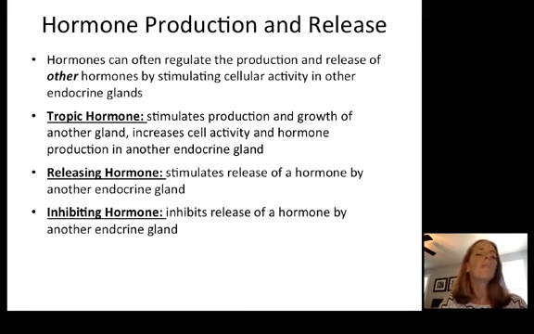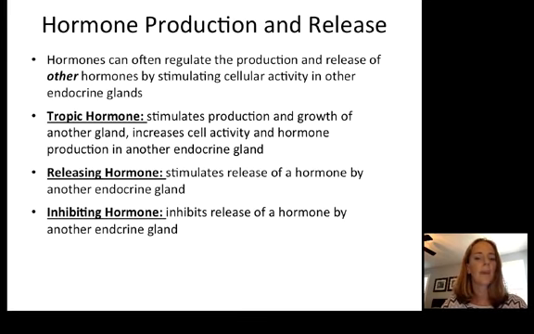So the complexity of this hormone to hormone release gets a little bit easier if we talk about what these names of hormones mean. So there's something called tropic hormones. When you hear corticotropic, gonadotropic, when you hear the word tropic within the name of a hormone, what that hormone does is it stimulates the production and growth of another gland.